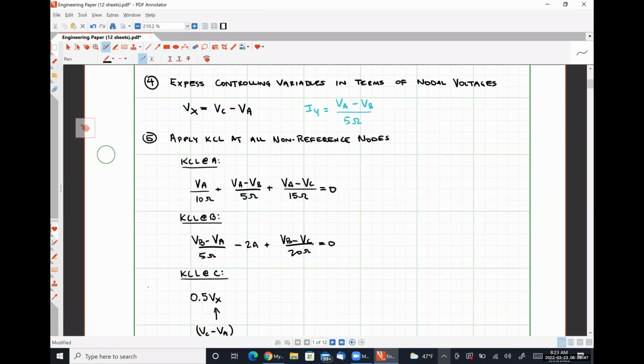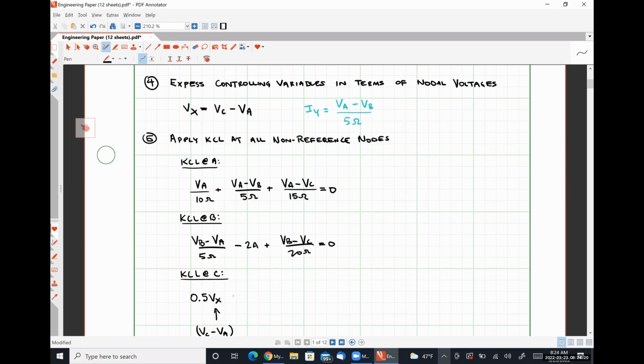And in our KCL at node C equation, VC is always going to have a positive sign. The only place that could get messed up would be the substitution for Vx. If I had Vx defined to be positive polarity on the left, negative polarity on the right, that Vx would introduce a negative sign on VC, but for all of the currents through resistors, the VC term would still always have a positive sign.